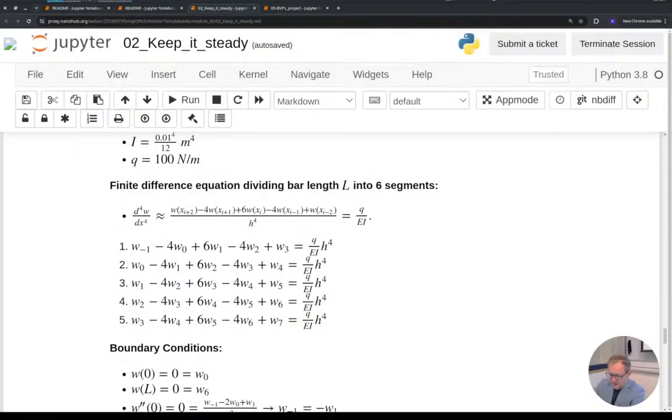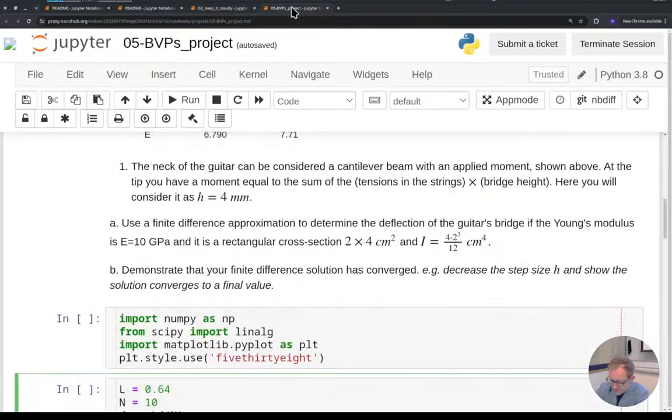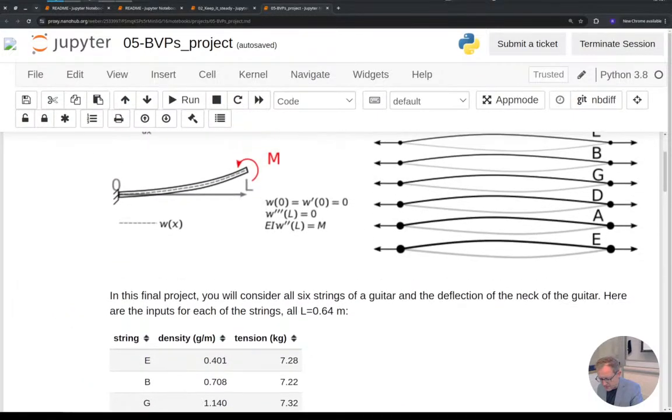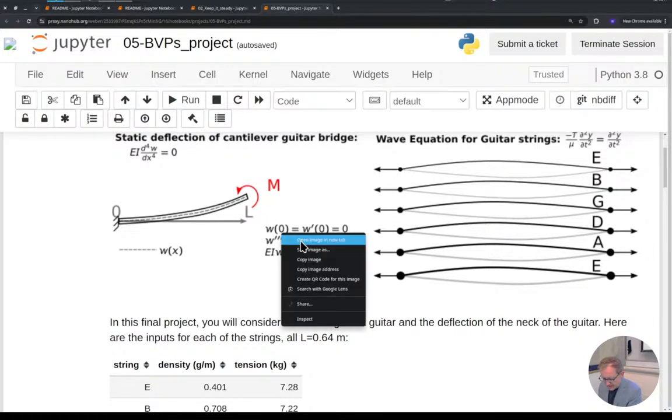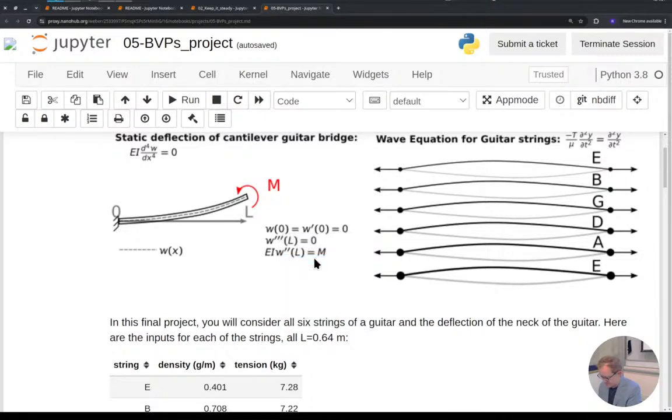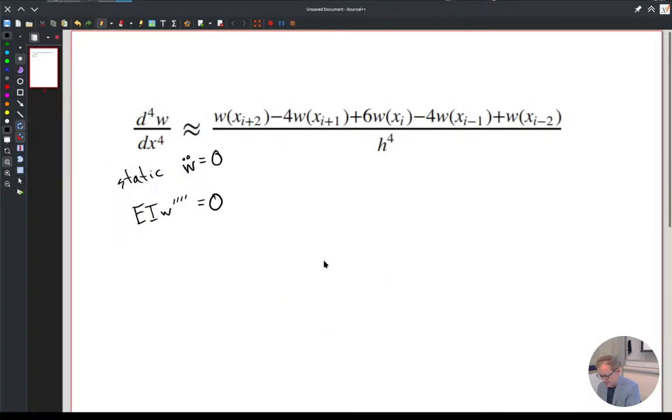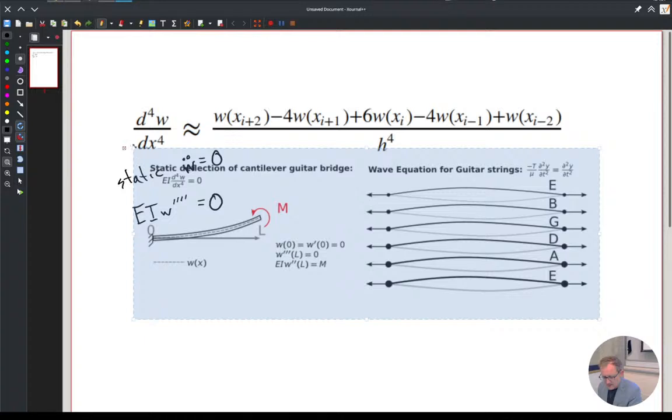And then let's take a look at our boundary conditions. Coming back up here, let's just copy this image and paste this in here.